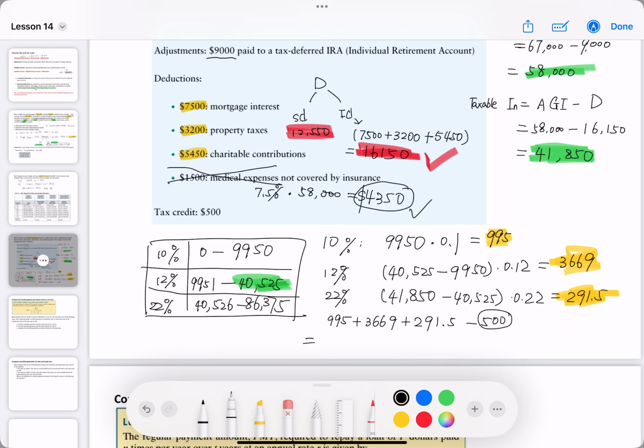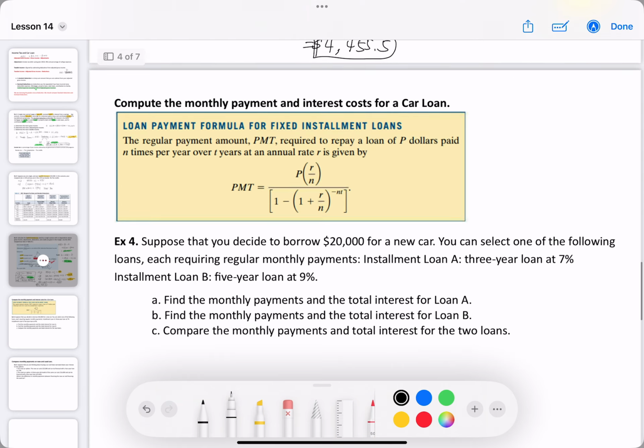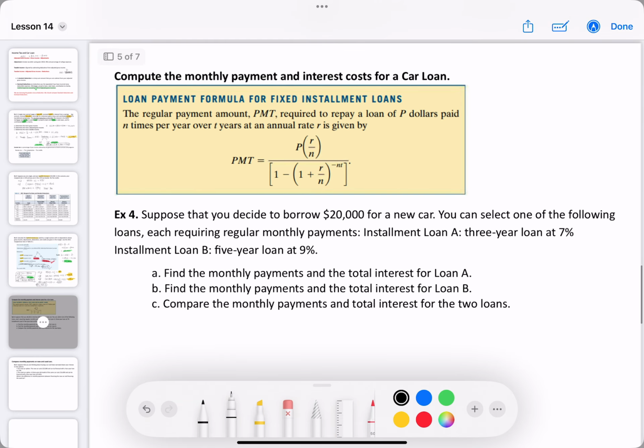This is the taxable tax credit, and it equals $4,455.5. So this lady has to pay the tax of $4,455.05. Okay, let's see. Next part is to compute a monthly payment and interest cost for a car loan.